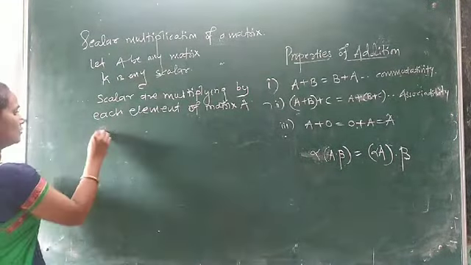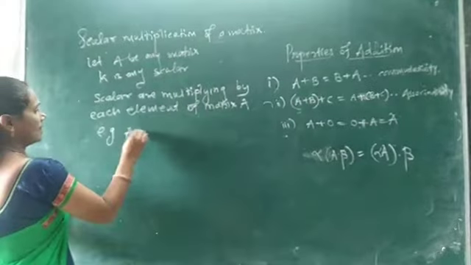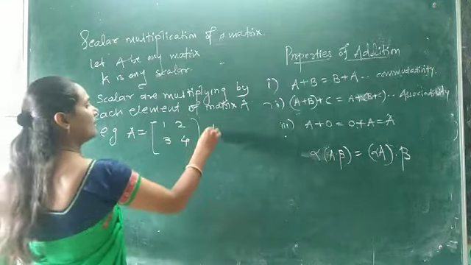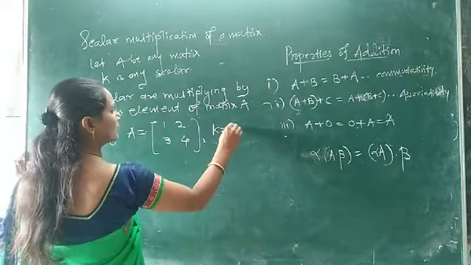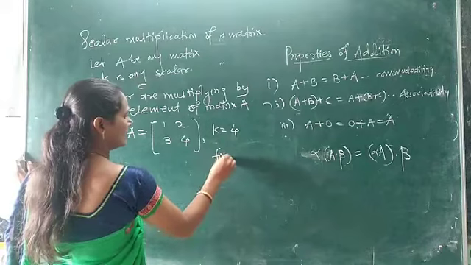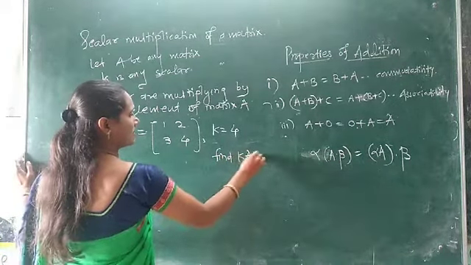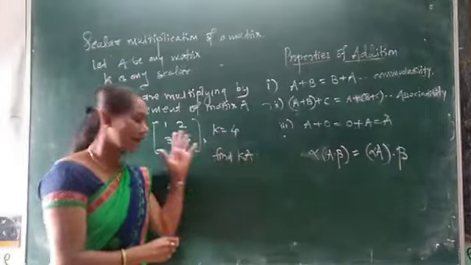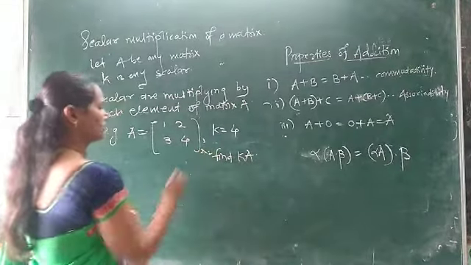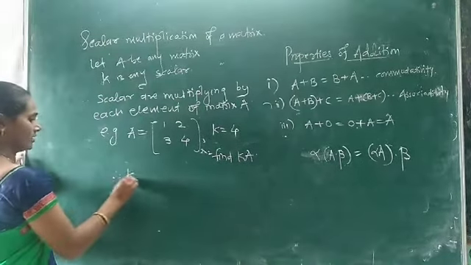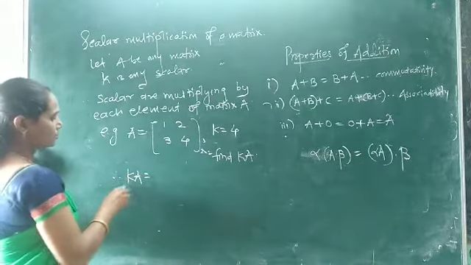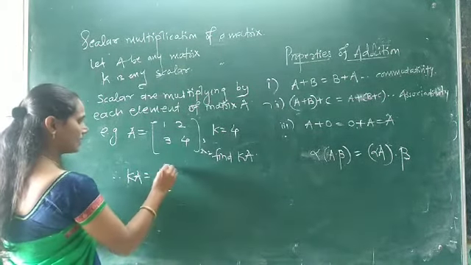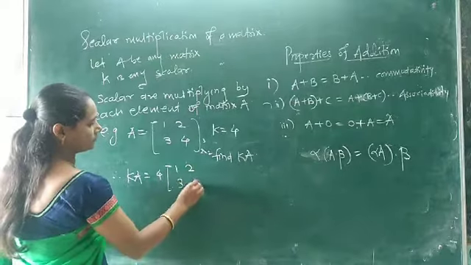Suppose, for example, A is equal to [1, 2; 3, 4]. This is matrix A, and suppose we take k equal to 4. Then find kA. Here k is a scalar and A is our matrix of order 2 by 2. Put the values of k and A: 4 into [1, 2; 3, 4].